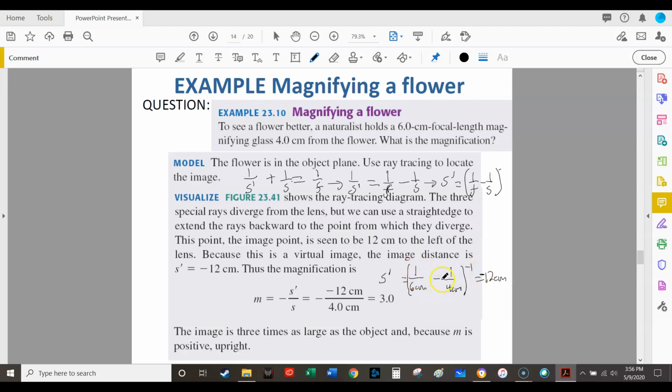Because 1 over 6 is smaller than 1 over 4, that's going to work out to be negative 12 centimeters.